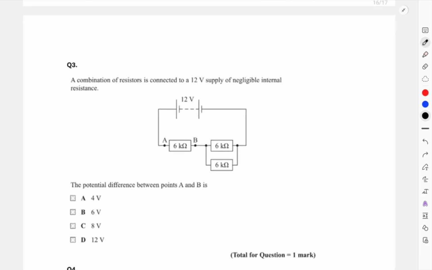12 volt connected to this circuit, potential difference across the points A and B. Okay, so in that case, obviously, we're going to consider these as RP, right? Parallel combination. For that parallel combination, it's going to be 1 over RP equals 1 over 6 plus 1 over 6, which is 12 over 36, right? 1 over 6 plus 1 over 6.